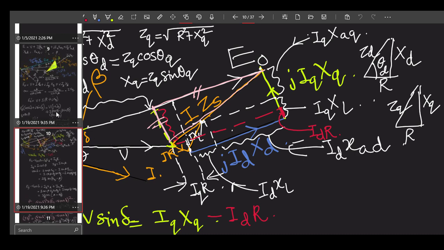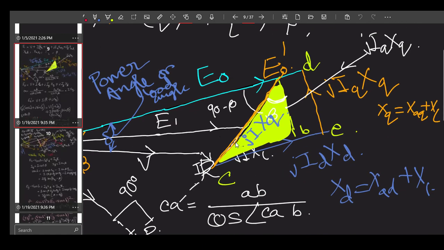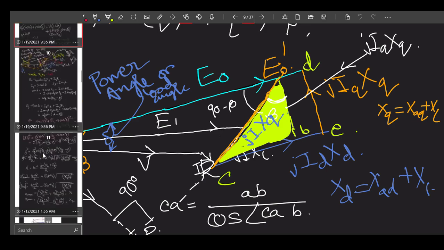If you know only R and XL is given in our problem, but nothing is mentioned about separate values of xd and xq. So what we can do, we can take the help of the theory that we are practicing in cylindrical rotor machine, and see how we can apply those theory here to solve our salient pole synchronous machine.